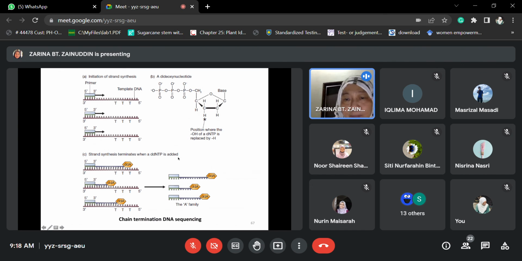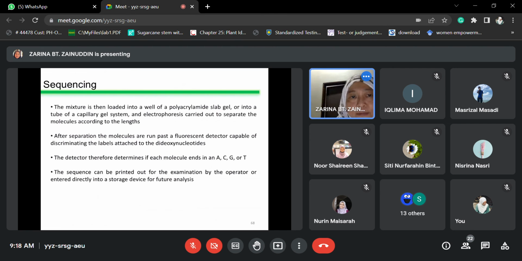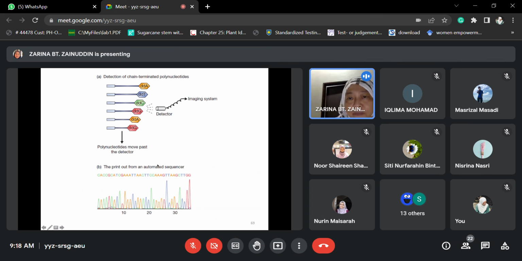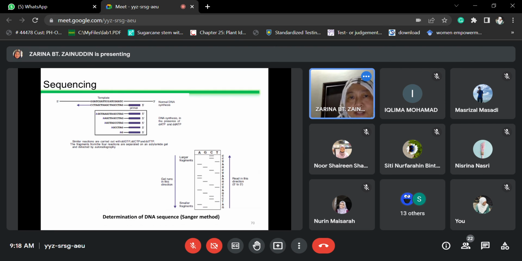So it will produce different lengths of DNA fragments, which we will separate on a gel. The mixture is then loaded into a well of polyacrylamide gel or into a tube of a capillary gel system, and it will separate based on size.